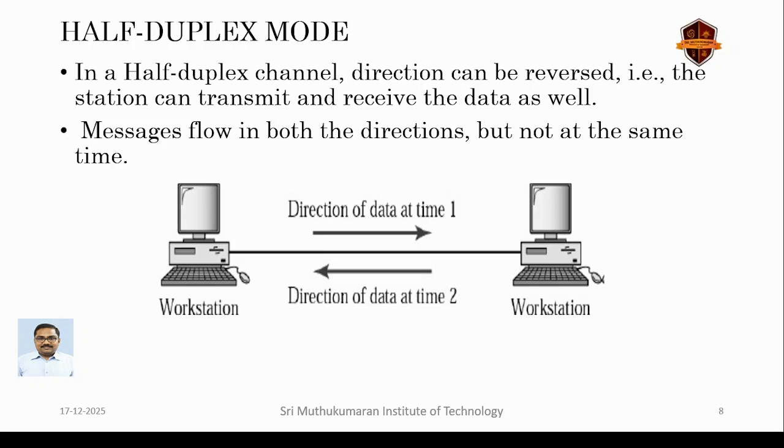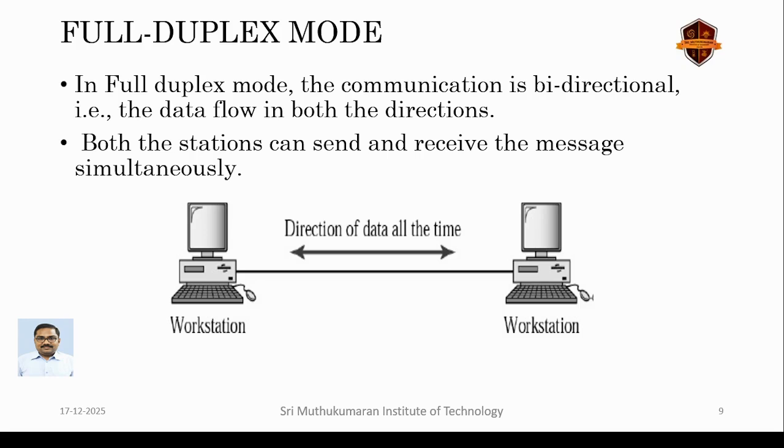For example, workstation 1 can send the data to workstation 2. Workstation 2 will first receive the data and then it will respond to the sender. So it can happen in both directions, but only one at a time, not simultaneously. This is what is called half duplex mode.